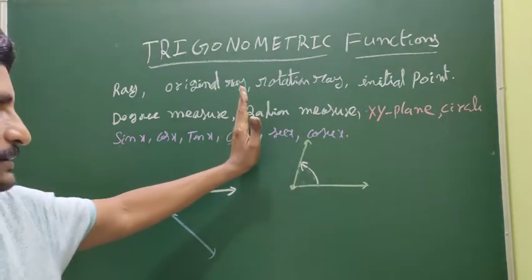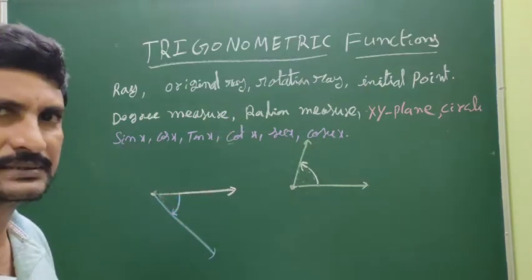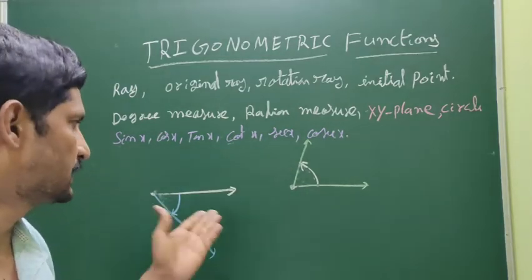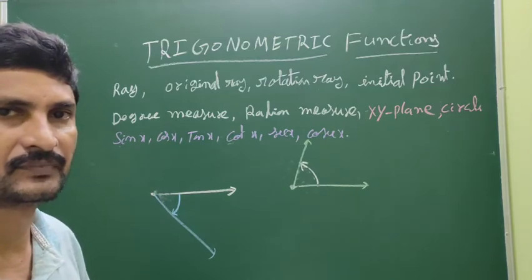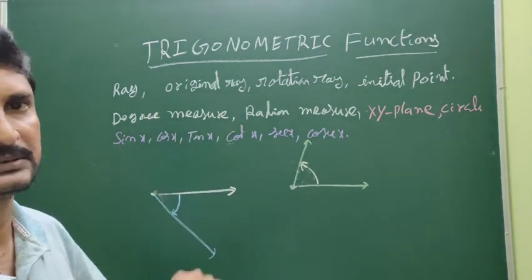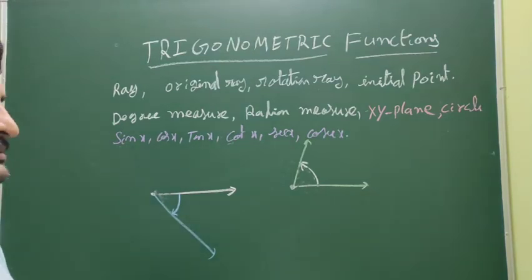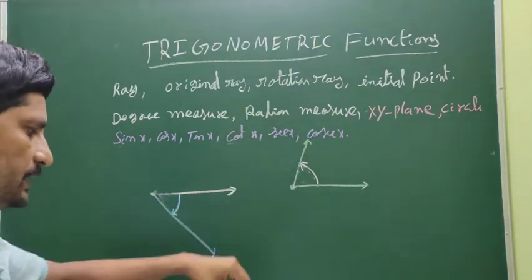Now which side? What is the direction of this angle? What is the fixed direction? So observe the clock. Clockwise, anti-clockwise. Which is clockwise? This is clockwise. This is anti-clockwise.